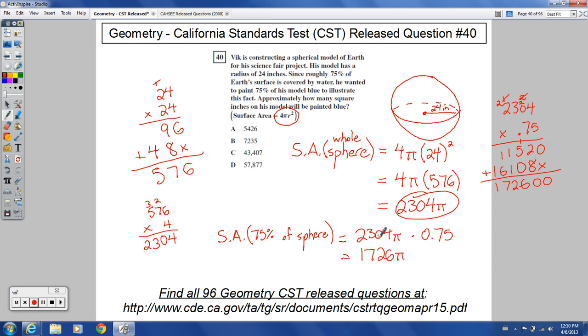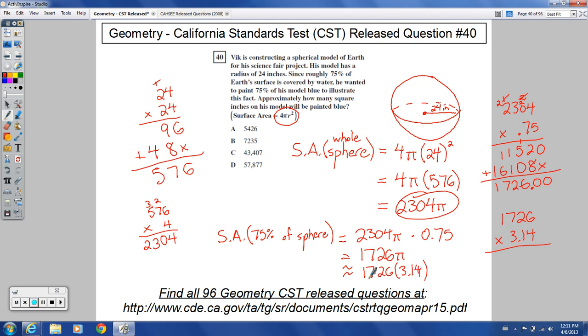This is this times this times this. I can change the order in which I multiply things by the commutative property of multiplication. But now I need to take this and multiply this. Remember, 2 decimal places to the right here, so 2 decimal places to the right there. We need to multiply that by approximately 3.14 for pi, so this would be about that, which is going to end up being, let's see what that gives us.